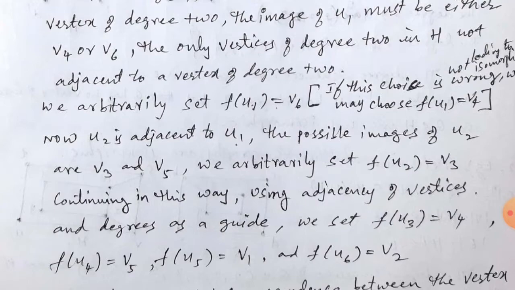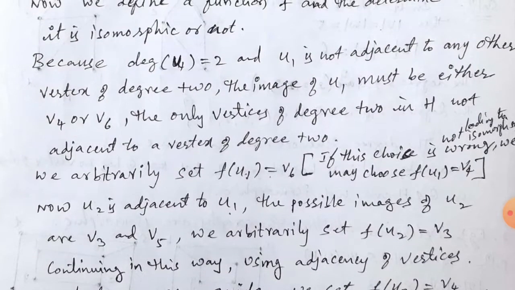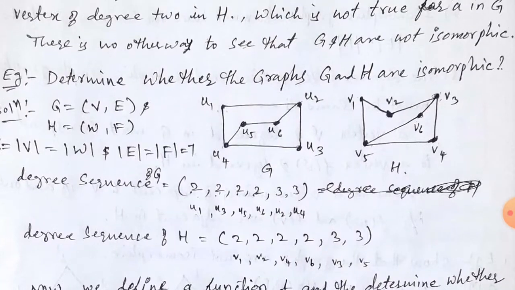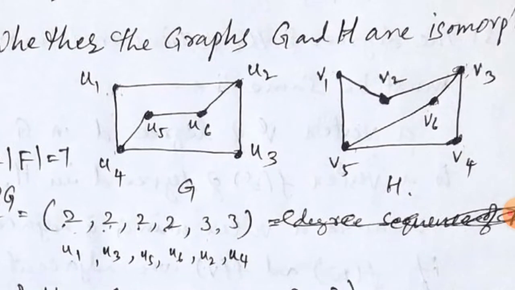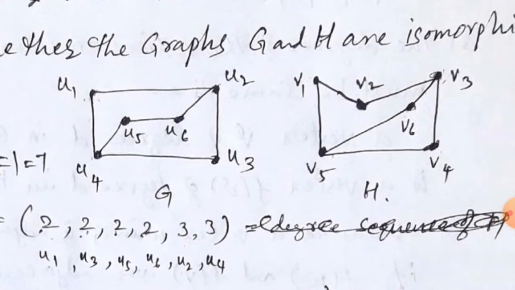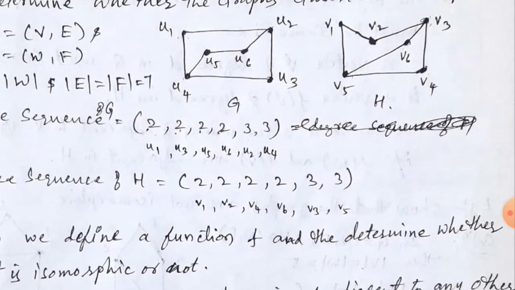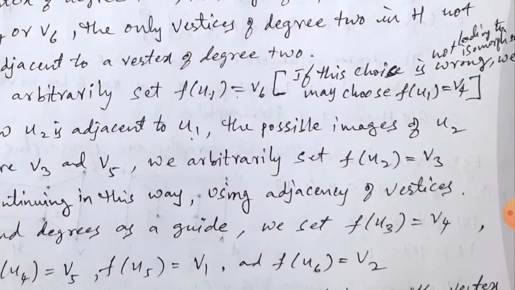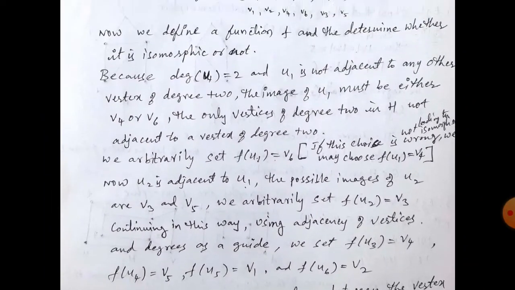You observe the graph u2. u2 is adjacent to what? u1 and u3. Then we have to match. Observe, u1 is already matched with v6. Now for u2 we can give either v3 or v5 only. So anyone you can choose, but here we are giving v3.